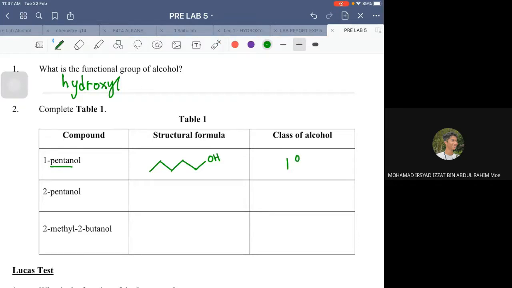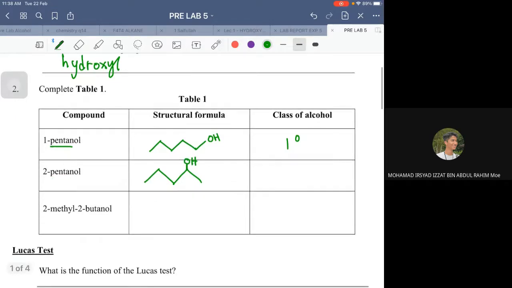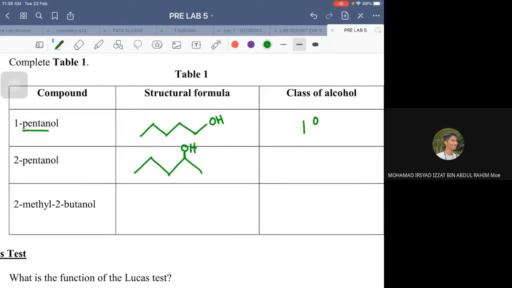Okay. 2-pentanol. 2, 3, 4, 5. OH, hydroxyl group located at carbon number 2. This is carbon number 2, ada OH. Next is 2-methyl-2-butanol. Butanol is 4 carbon. 2, 3, 4.